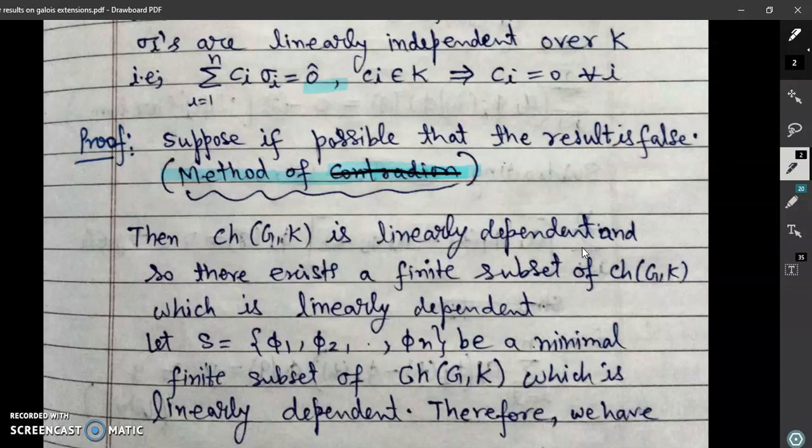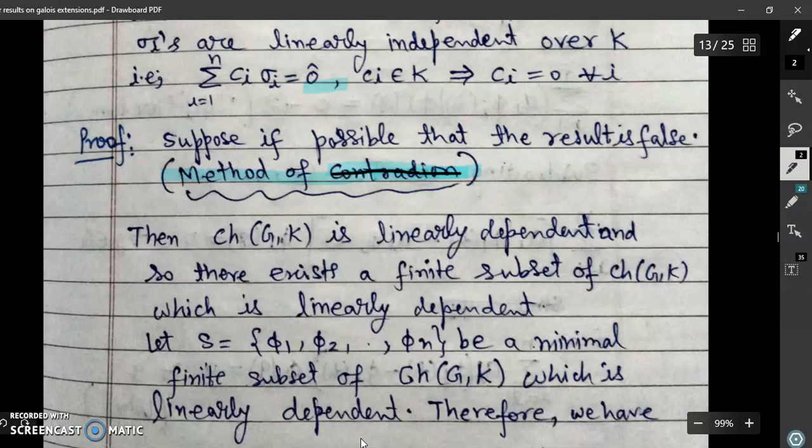By definition of a linearly dependent set, we have a finite subset of Ch(G,K) which is linearly dependent. Now let S be the set consisting of distinct elements phi 1, phi 2, ..., phi n, and it is a minimal finite subset of Ch(G,K) which is linearly dependent.